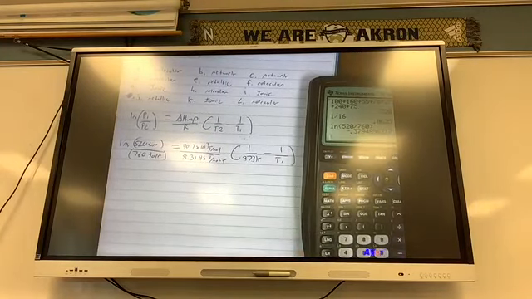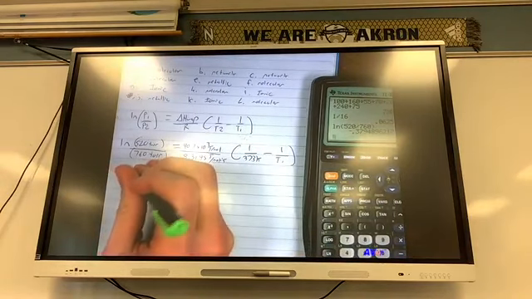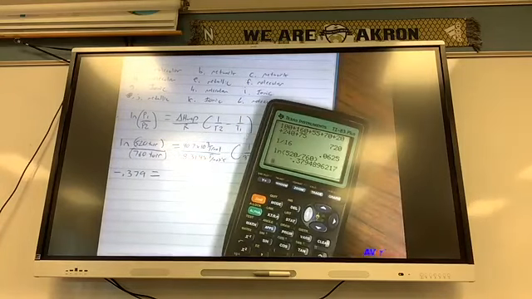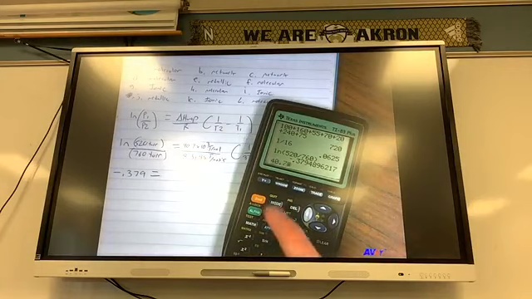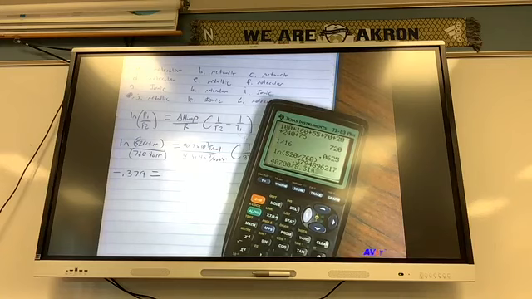So that means negative 0.379 equals, now I'm going to do this 40.7, I'm just going to change that to 40700, divided by 8.3145.